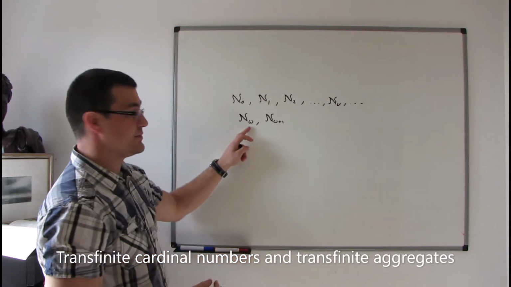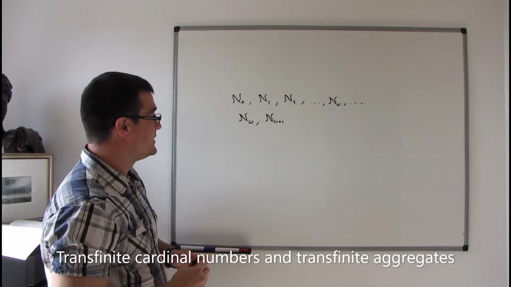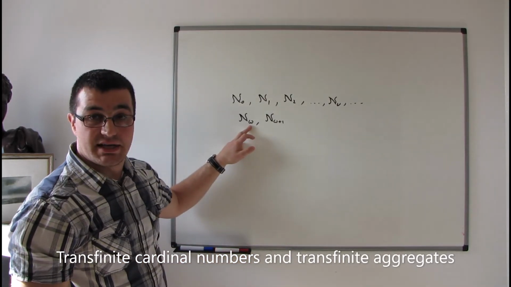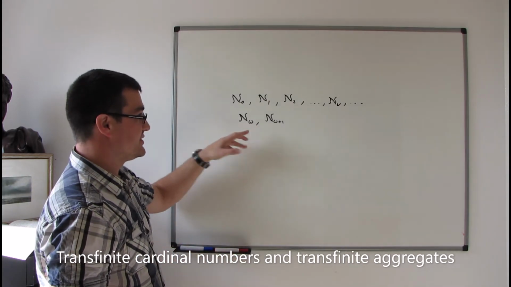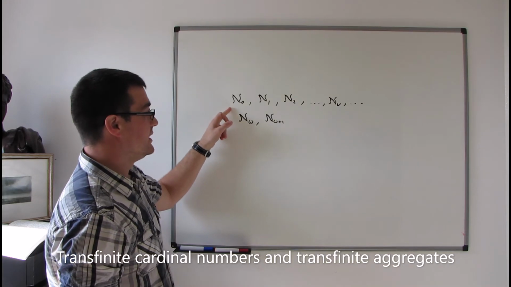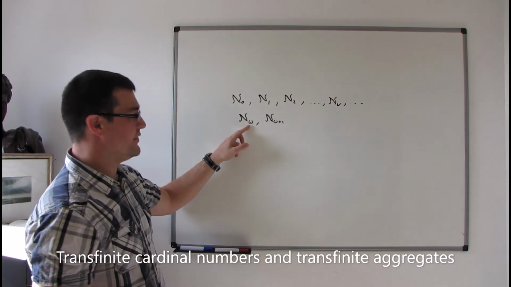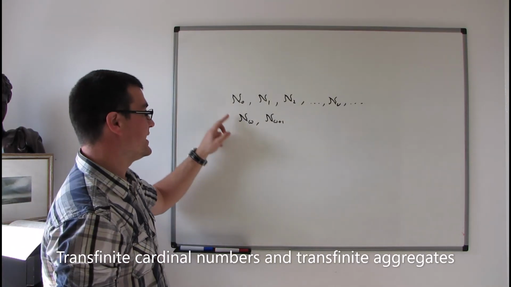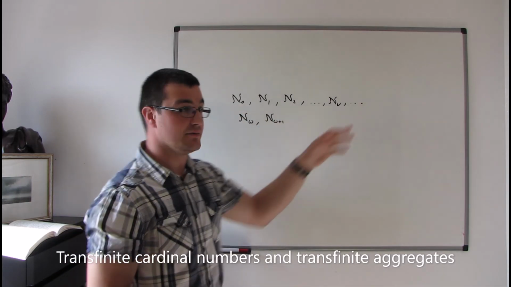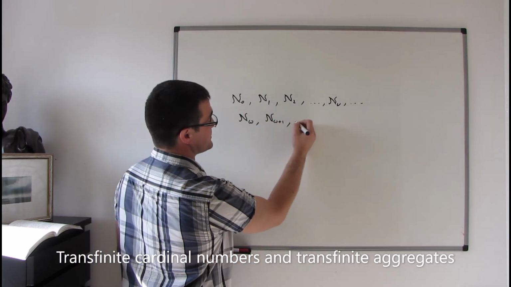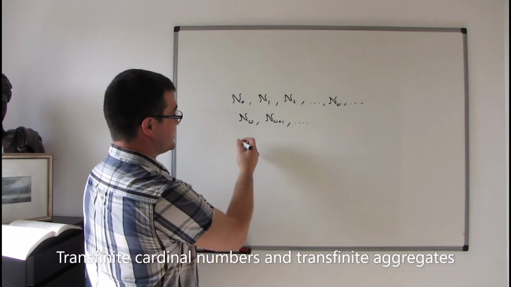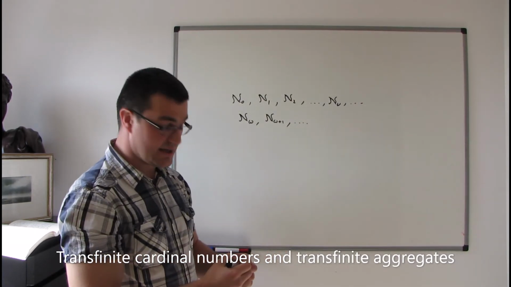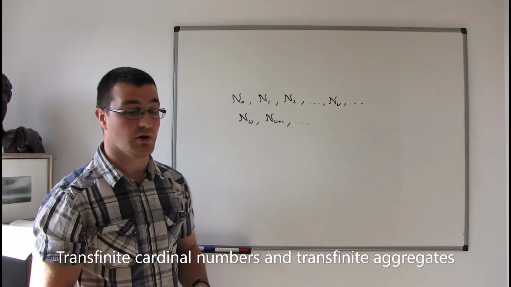So omega, as we'll see further down the line, is an ordinal type which we've not really got onto yet, but just think of it at this stage as the first transfinite cardinal after all of these ones. So we can continue in this way as far as we want, and then we can get to Aleph 2 omega, and we can continue this process as much as we want.